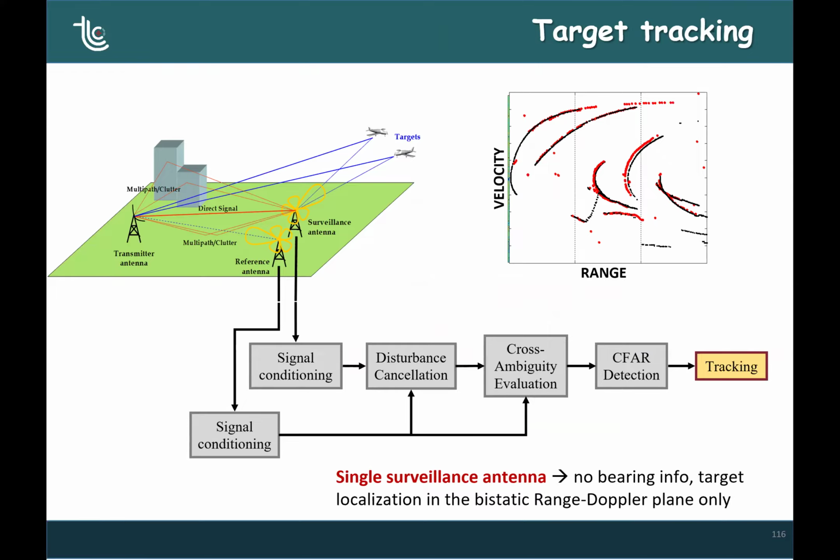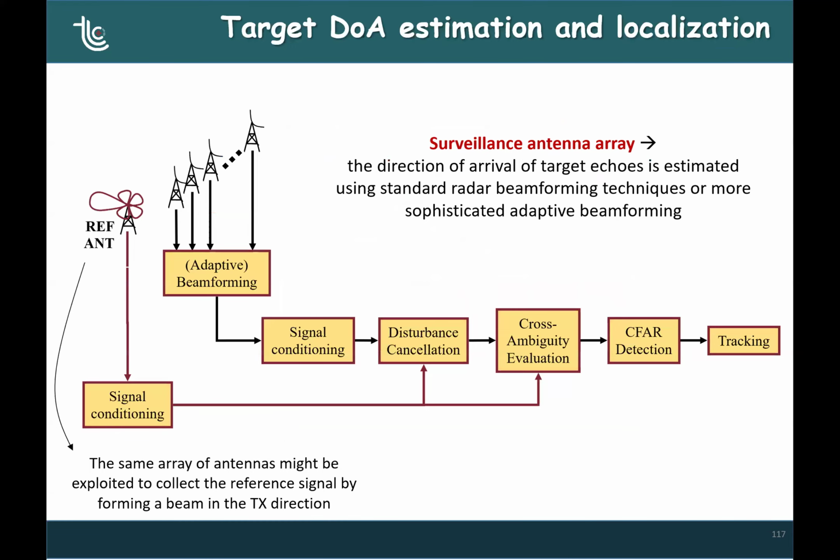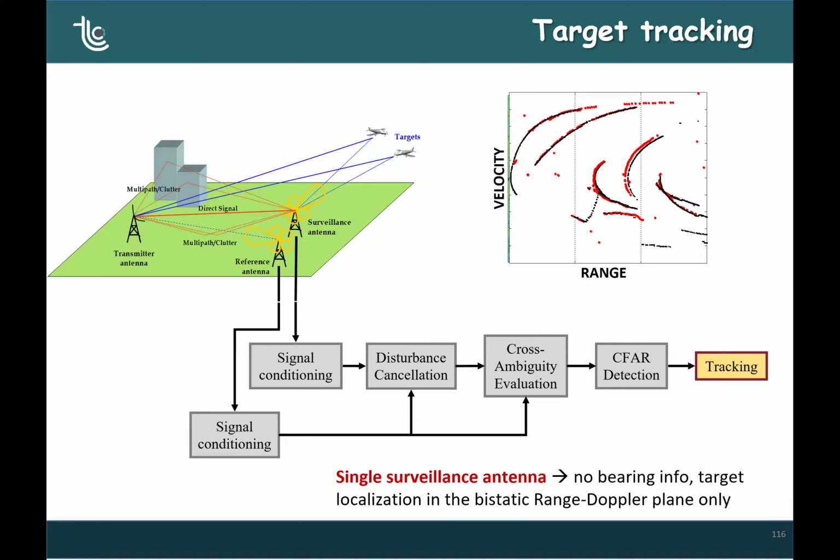Now, before going to some examples also for the tracking, we can observe that unless we have a very narrow beam for targets that are in some specific direction of arrival, here we don't have angle information.